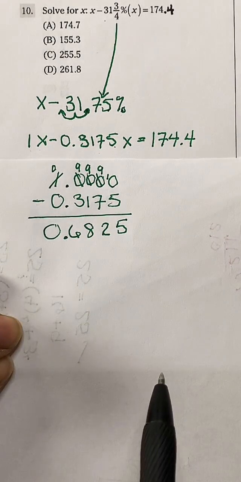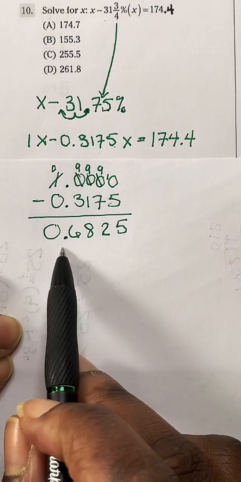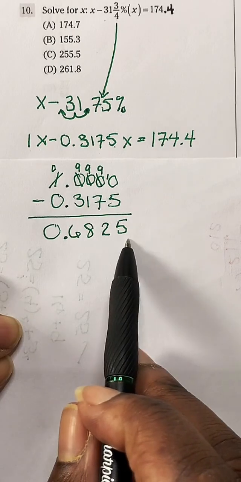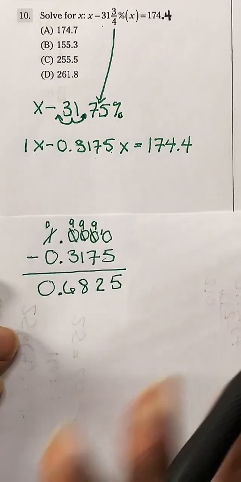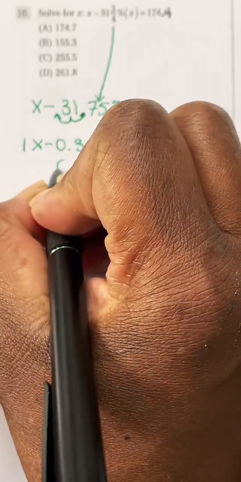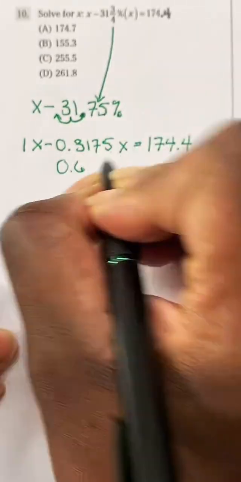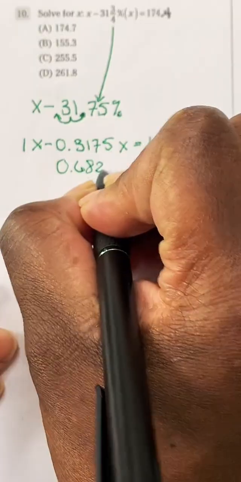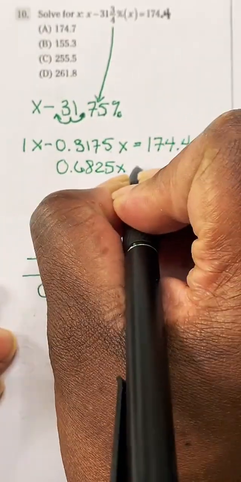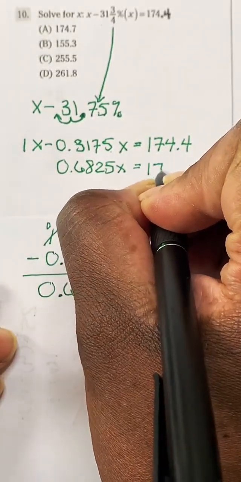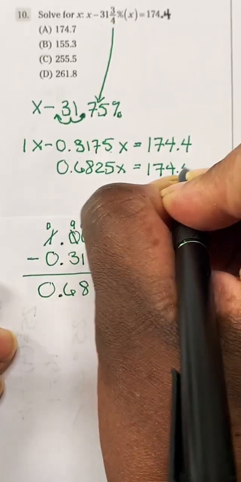That'll be a 0. So when I do the subtraction, I have my 0.6825. That is representing the x right here. And that's going to equal my 174.4.